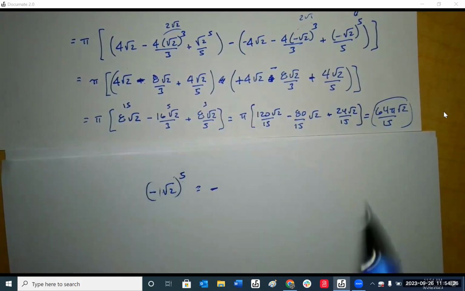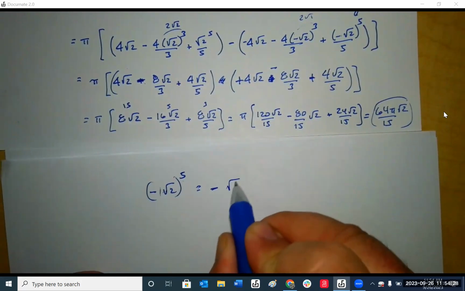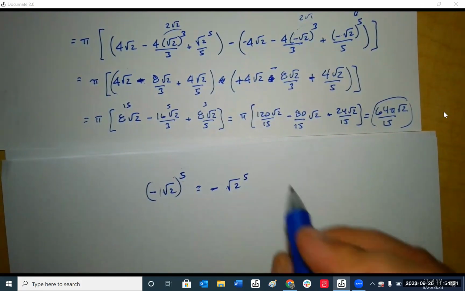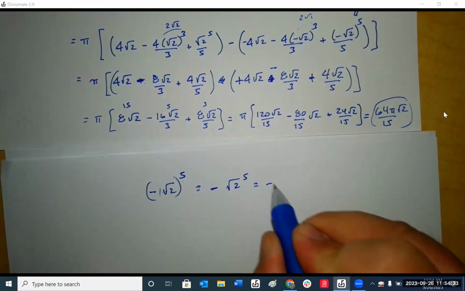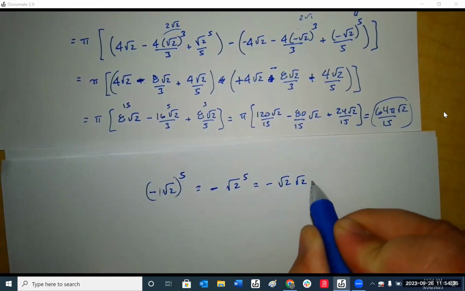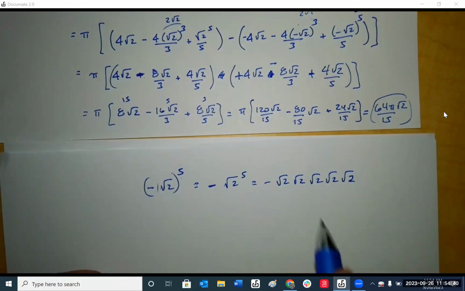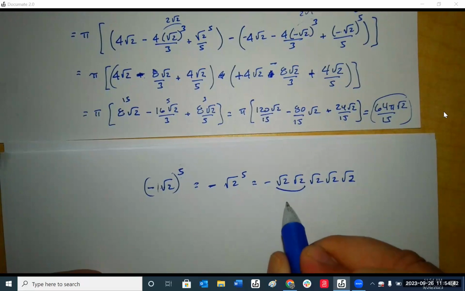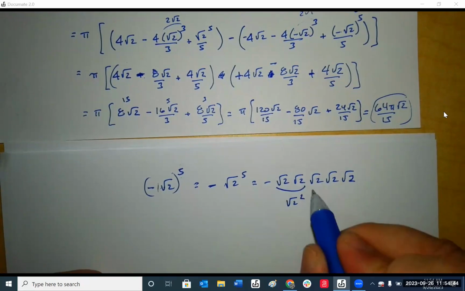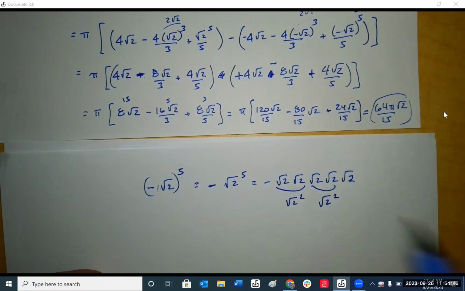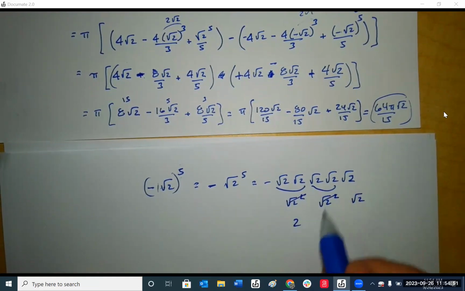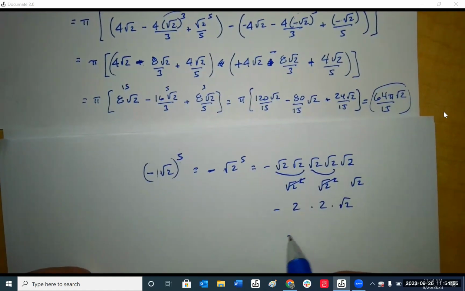So the negative sign goes in front. Radical 2 to the 5th is radical 2, radical 2, radical 2. So here we have radical 2 squared. Here we have radical 2 squared, and that's just radical 2. So it's 2 times 2 times radical 2, which is negative 4 radical 2.